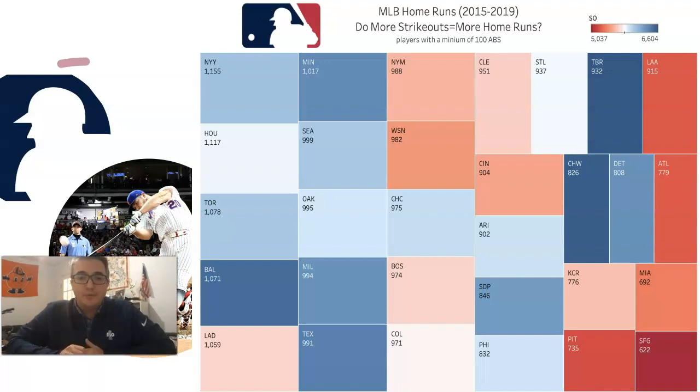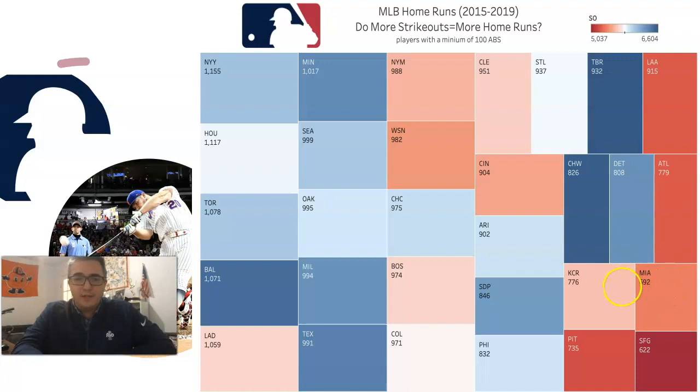What we found pretty interesting here is that this showed what we were looking for as we got to the conclusion: teams that had a lot of strikeouts had the most home runs in those 5 years. The New York Yankees, the Baltimore Orioles, the Minnesota Twins. And teams that had the lowest amount of strikeouts, as you can see here, the Pittsburgh Pirates, San Francisco Giants, Miami Marlins, were all at the bottom of the league.